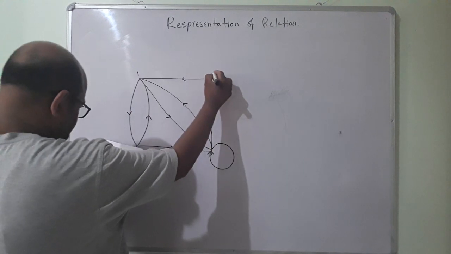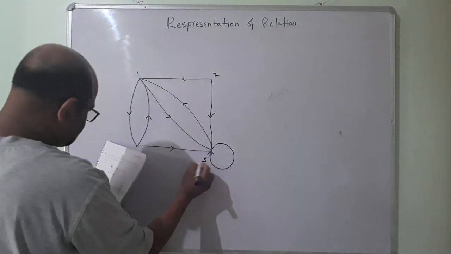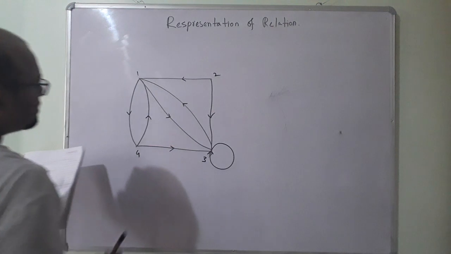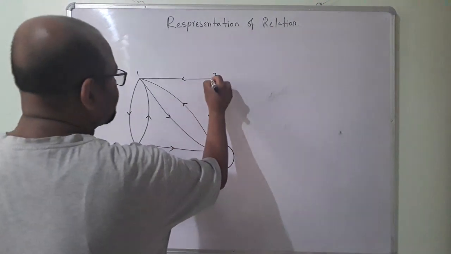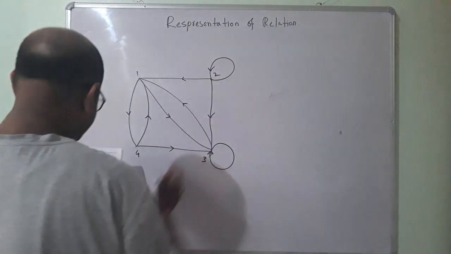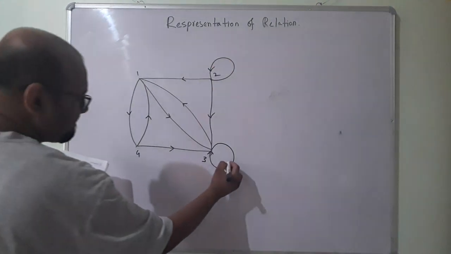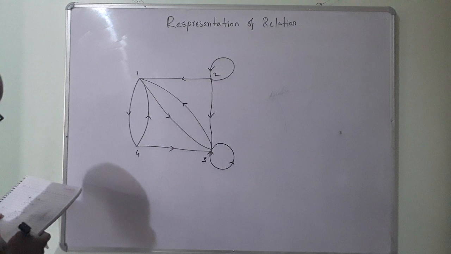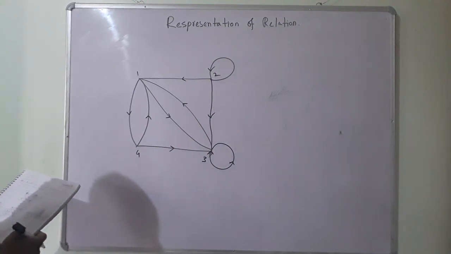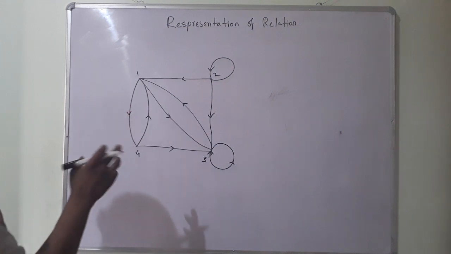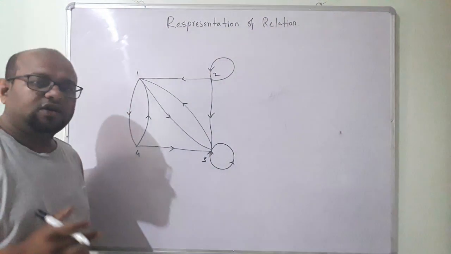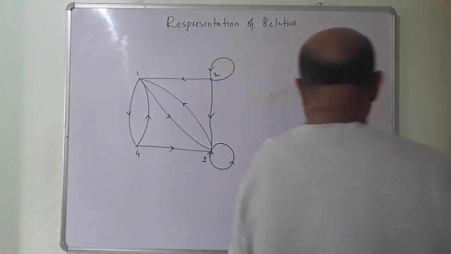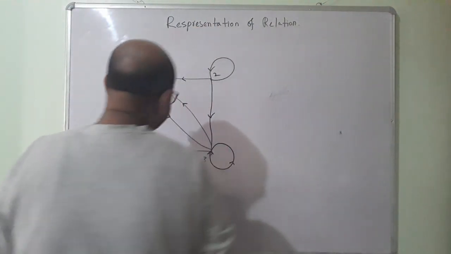So this is 1, this is 2, this is 3, this is 4. Now here is the question. What are all the ordered pairs that are in this relation? Let us try to figure out.